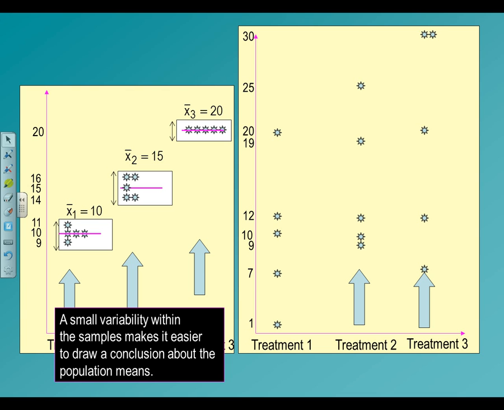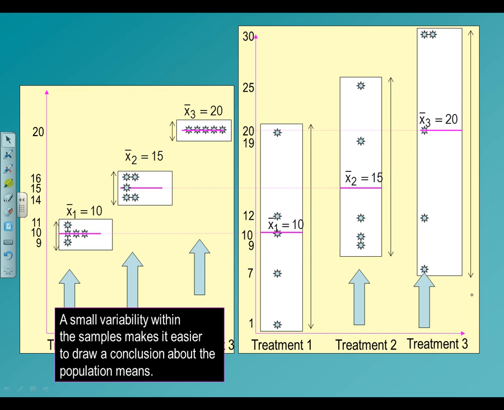That's what it is. But I want you to look over on the right-hand side. This is another problem. But I want you to notice that it has the same means as we had in the other one. The means are 10, 15, and 20. But it's more difficult to see that there's a difference between groups because the data within each group is so spread out.